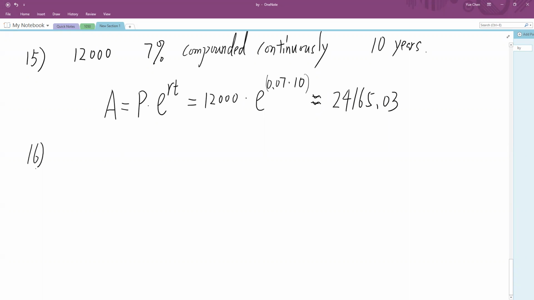Number 16, which is about the annual percentage yield. So APY, we need to calculate the APY. The annual interest rate, which is 6%. The first one is compounded semi-annually.